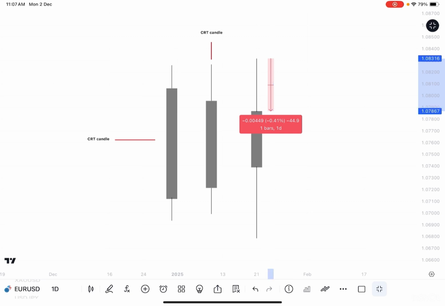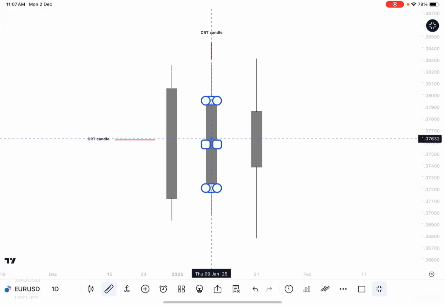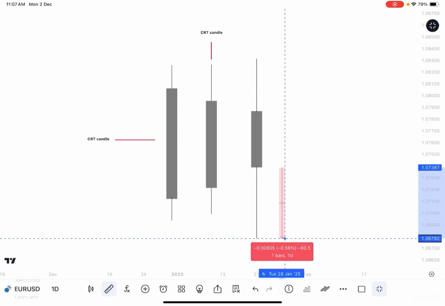And now we can measure the wick present on the bottom. By measuring the bottom wick, we got the length as 0.56.